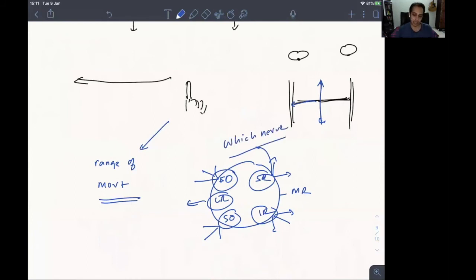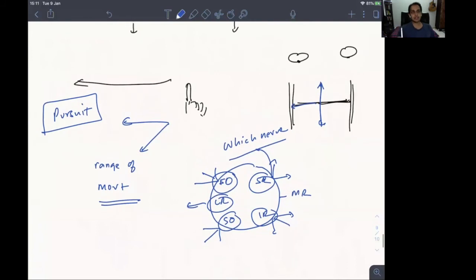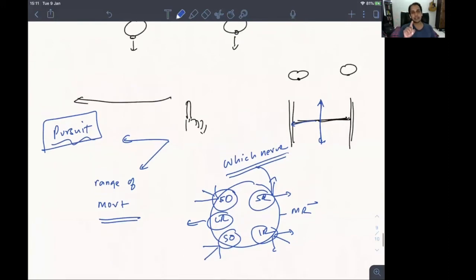Okay. And another thing you are checking is pursuit. And pursuit also we covered, if you remember, if it is not a problem with the muscle or the nerve, then maybe it might be a problem with the circuitry inside. And what is that circuitry?